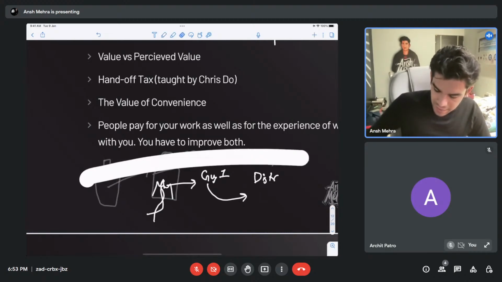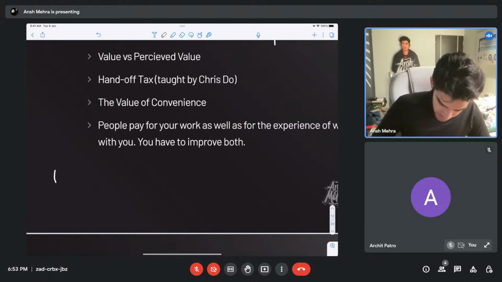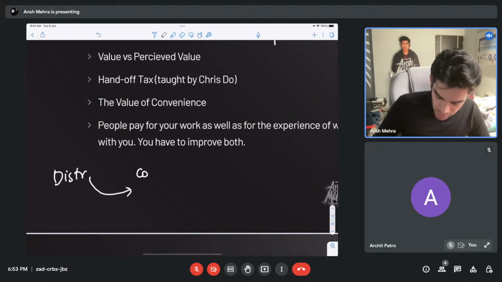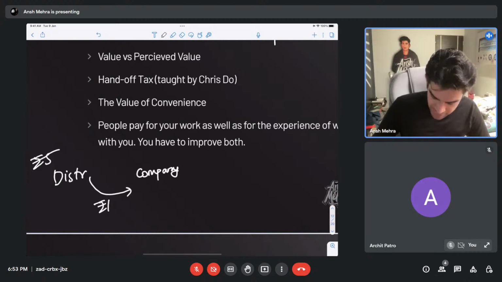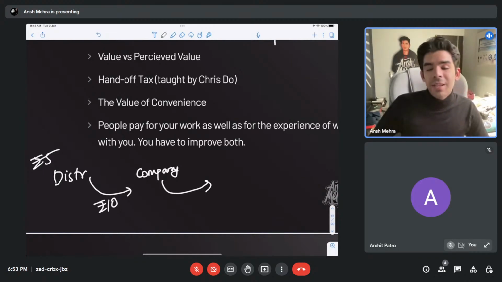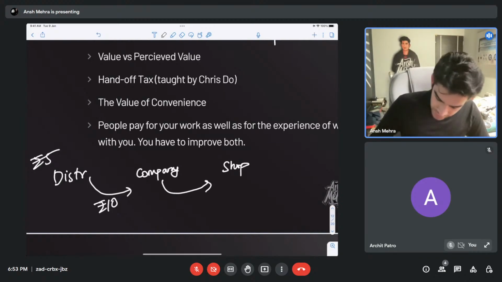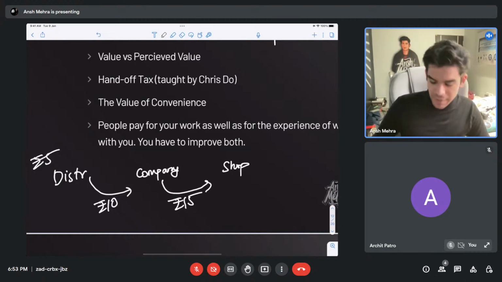This distributor takes lakhs and lakhs of bottles. This is my distributor. He takes the same bottle and sells it to a company which has a big brand. So this guy bought it at rupees 5, he sold it at rupees 10. This company is in touch with a lot of shopping malls and complexes. This company sells it again at 15 rupees.